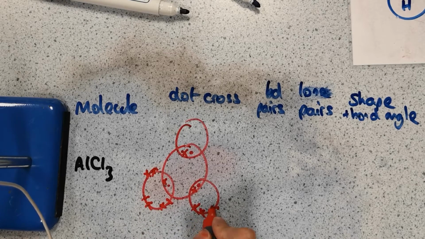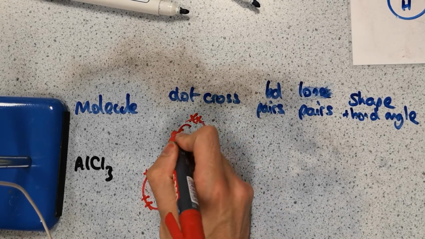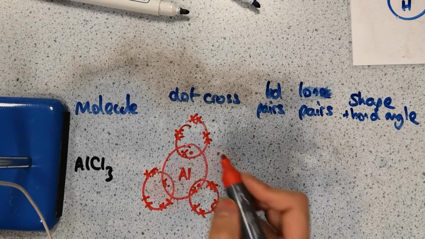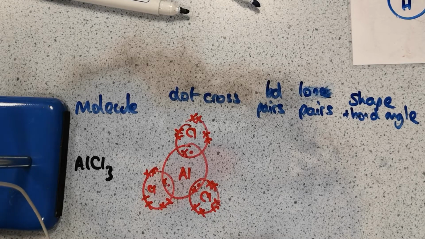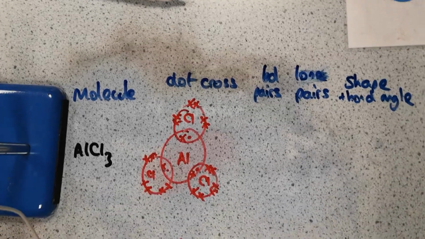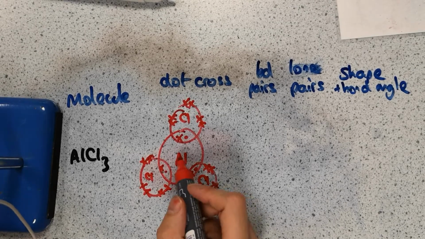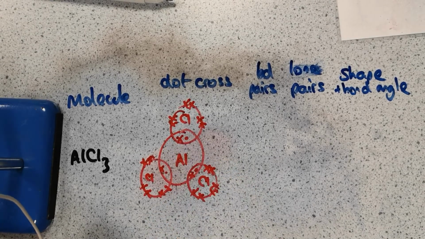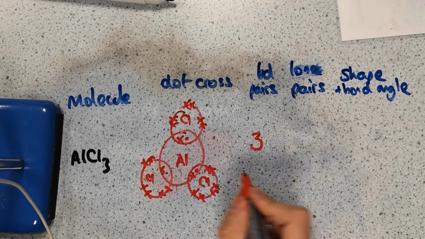But it still can bond like this, where we have aluminium in the centre, with 3 chlorines singly covalently bonded around it. So if we look at the bonded pairs around the central atom, and when we're doing this, we only look at this central aluminium. Don't worry about the chlorine. That has got 3 bonded pairs.